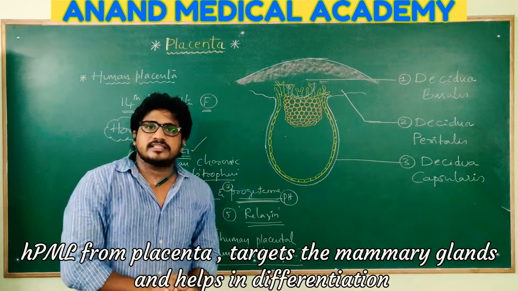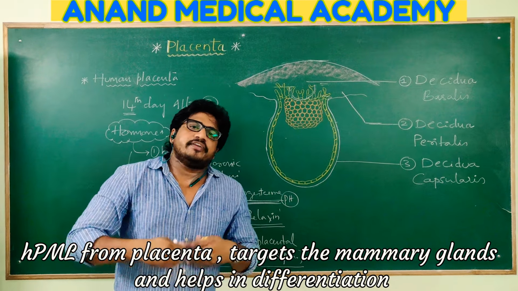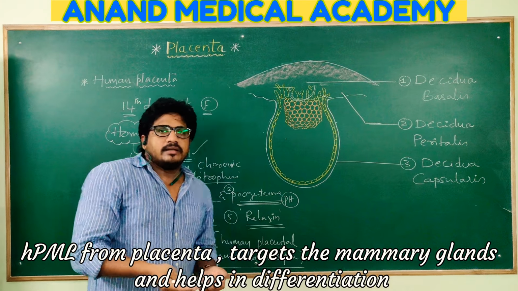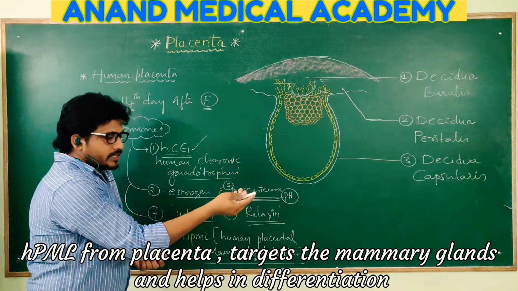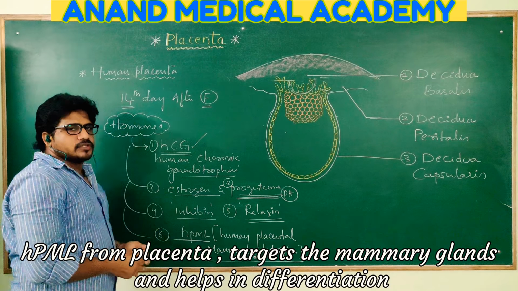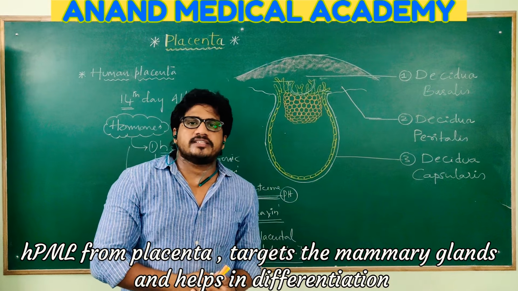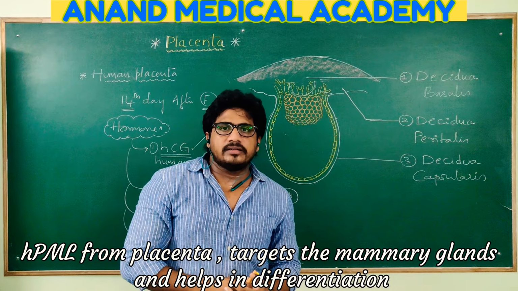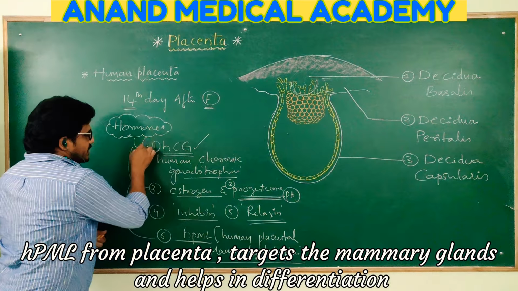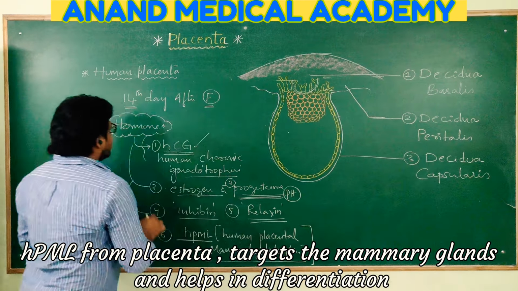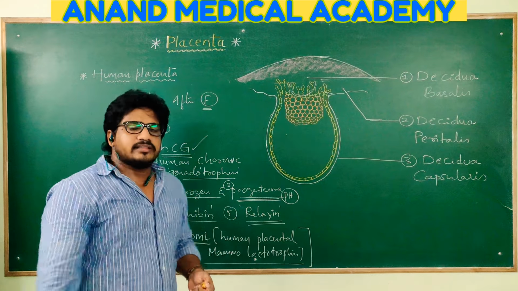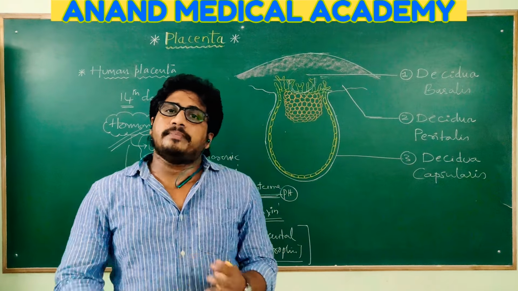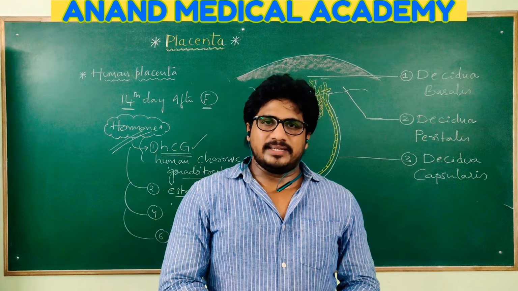At the time of mammary glands, I told you, mammary glands are differentiated during pregnancy, meaning the placenta will be there during pregnancy. From the placenta HPL comes, so that differentiation takes place, and that differentiation helps to provide milk after childbirth. These are the set of hormones produced by the placenta. That's why the placenta is also called the endocrinal part of a woman during pregnancy.